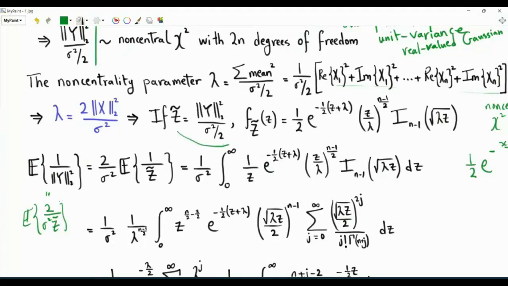From this relation, we can take 2 over sigma squared outside, and so we need to evaluate the expectation of the reciprocal of a non-central chi-squared distribution with 2n degrees of freedom and non-centrality parameter lambda. And this will require that we take the PDF and we integrate the PDF after multiplying it by 1 over z.